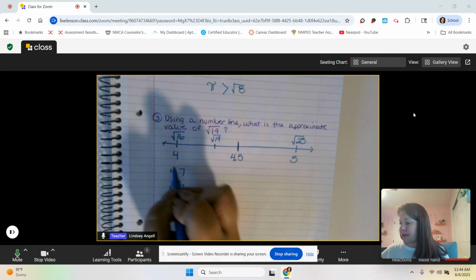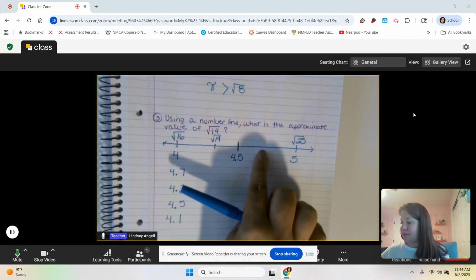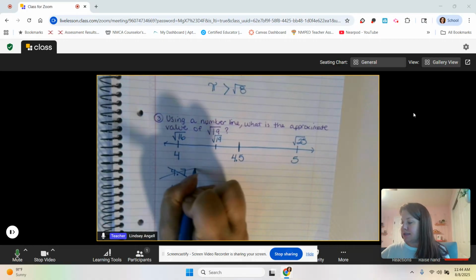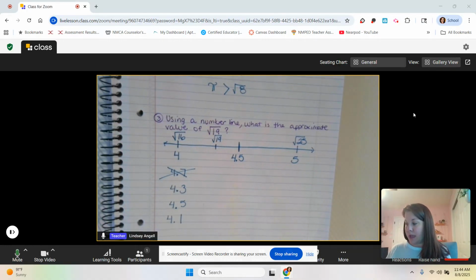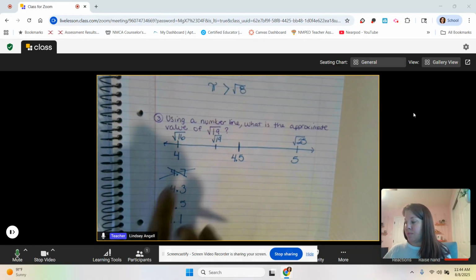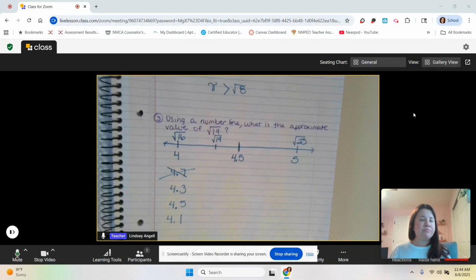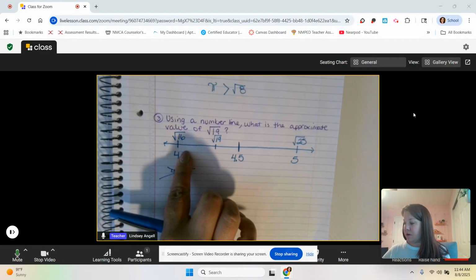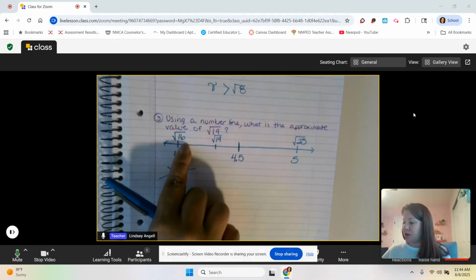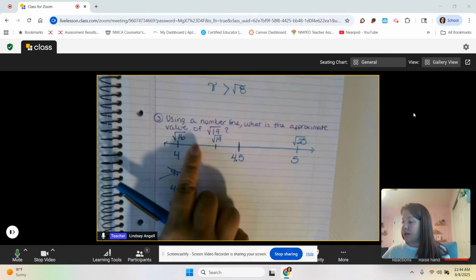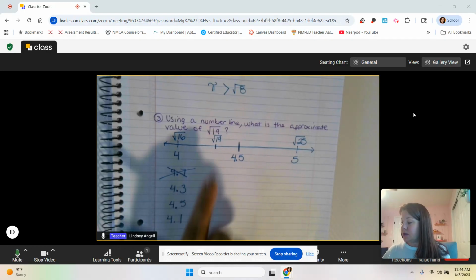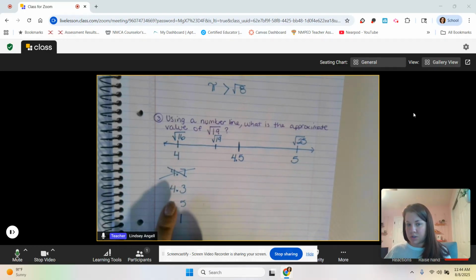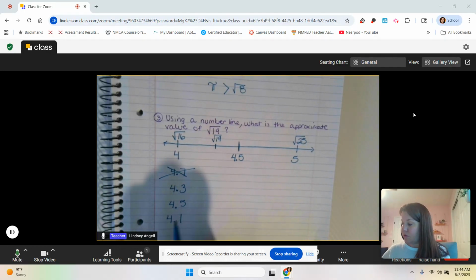So 4.7 right away, just because of how high that's going to be, that doesn't make sense. Okay? Also 4.1, maybe, but again, it's still going to be a little bit further away. That's going to be much closer to over here than even 4.3. So the most logical 2 choices are going to be 4.3 and 4.5.